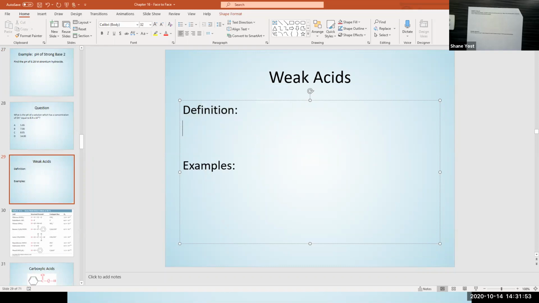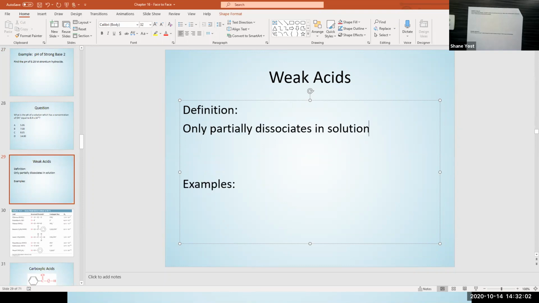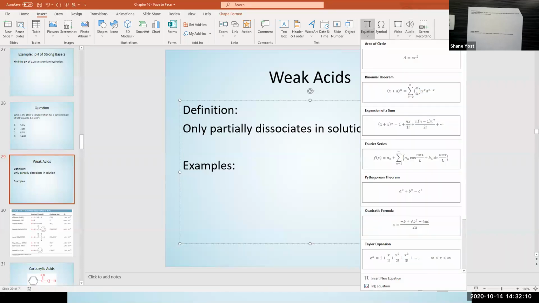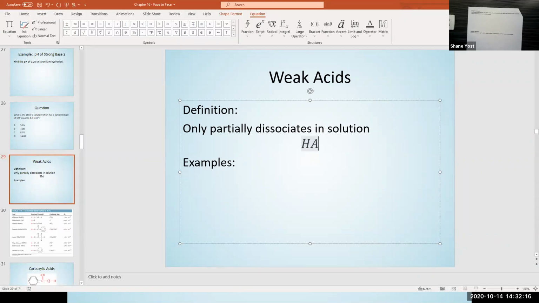So a weak acid, often what we'll end up having here is something like HA, which dissociates into A minus and H plus.